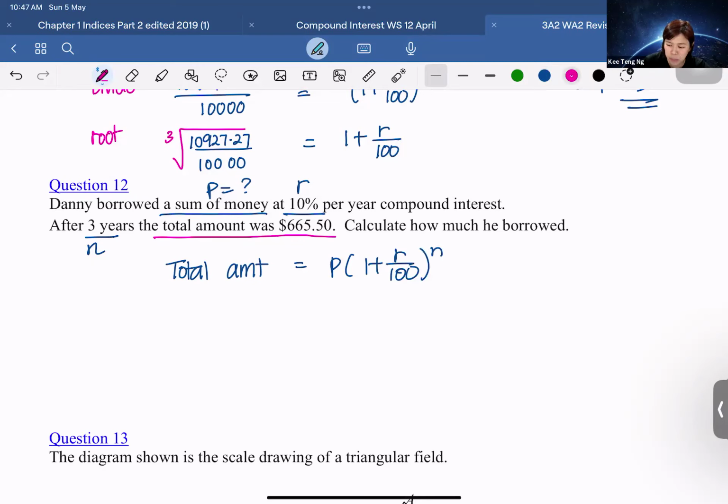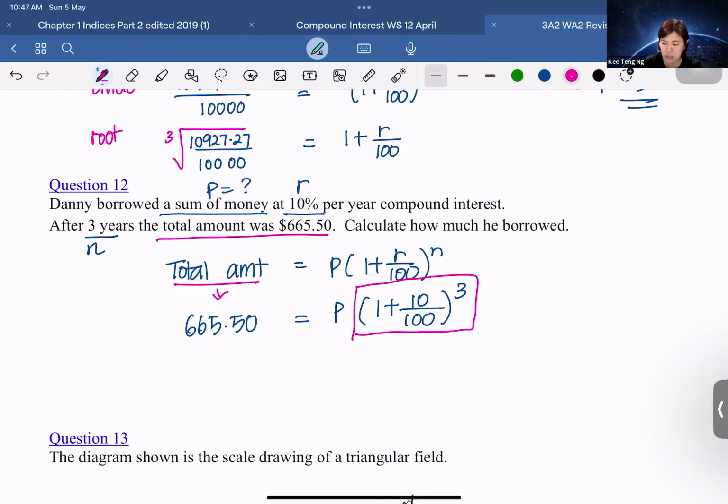So we shall replace this 600, this one, right, into our total amount. So that will give me 665.50. P is unknown. 1 plus R, interest rate is 10% over 100, power of 3. Now you notice that this whole thing over here can be calculated. It's just a number, right? So I'm going to find the P by dividing it away to this side.